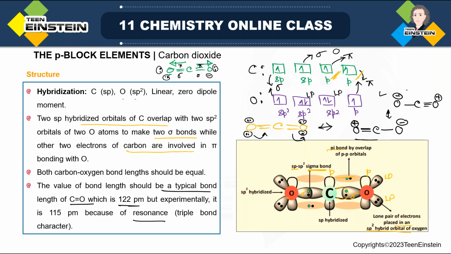If you consider these resonance structures, though the first one is more stable, the other two resonance structures have some triple bond character, and whenever there is triple bond character, the bond length will be slightly less than 122 picometer. So now it is 115 picometer. Fine.